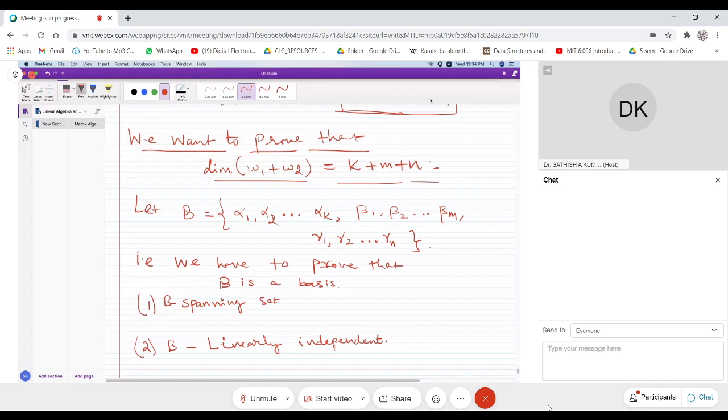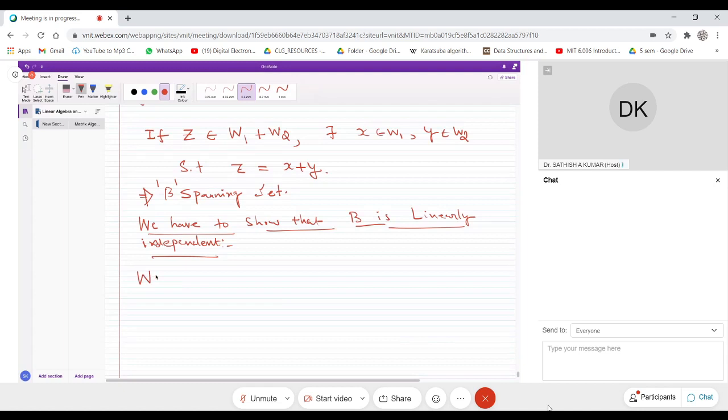So we have to show that B is linearly independent. We consider the linear combination. Whatever combination we take, scalars x, y, z, or c, d, whatever you want to take, it's not a problem.